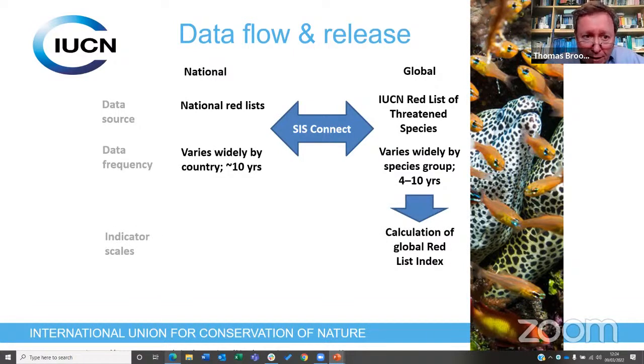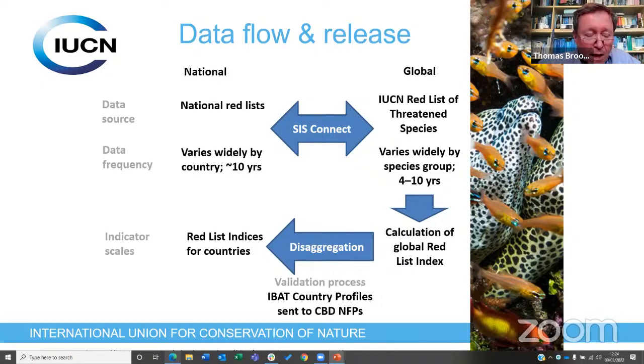These repeat assessments, updated assessments, are what then allow calculation of the Red List Index. And that is then in turn disaggregated to national levels, undergoing an annual validation process with national statistical offices and with CBD and IUCN national focal points, and then emerging from this as available for national use.